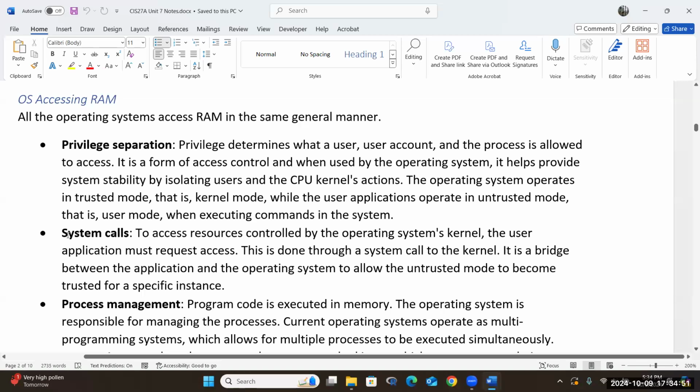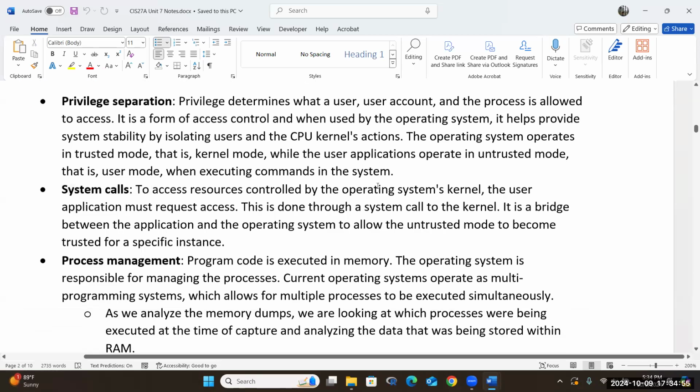Okay. And then for the system call, this is to access resources at the kernel level. Think of it like a layer that the operating system is really designed upon, used to make requests for your processes. If you're looking at an Android phone, if I touch the screen, that's a process, right?